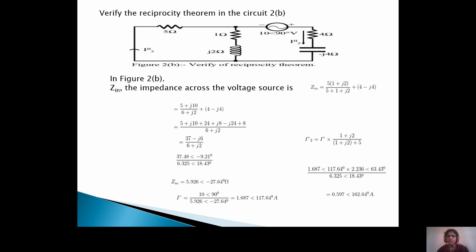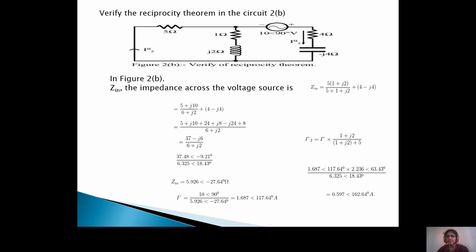So you have to convert this into polar form. So this is 37.48 at an angle of minus 9.21 by 6.325 at an angle of 18.43. So we get the total impedance as 5.926 at an angle of minus 27.64.